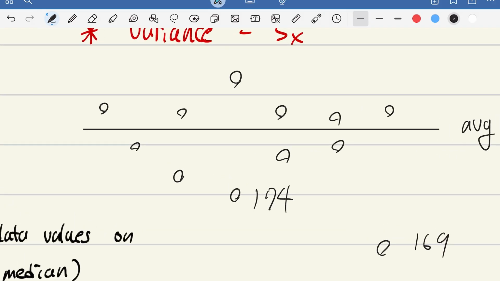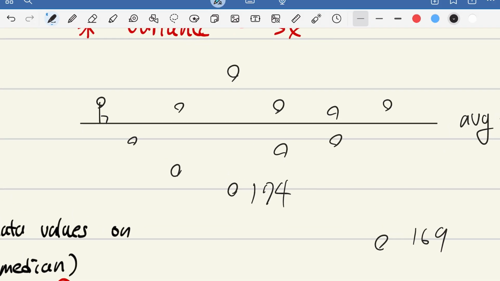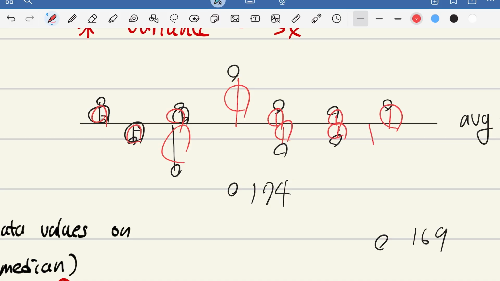The standard deviation is the average of the differences between the data and the mean: this part, this part, this part, and all these parts. The average of all these differences is the standard deviation.